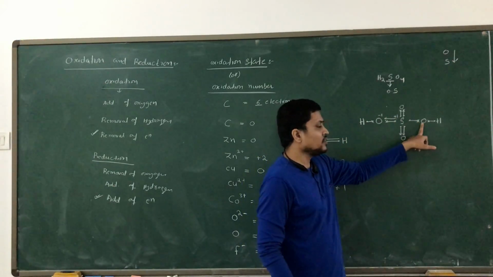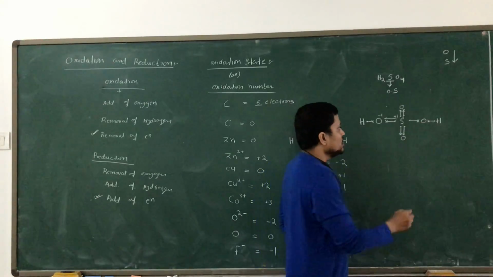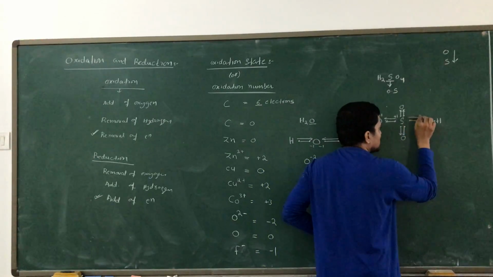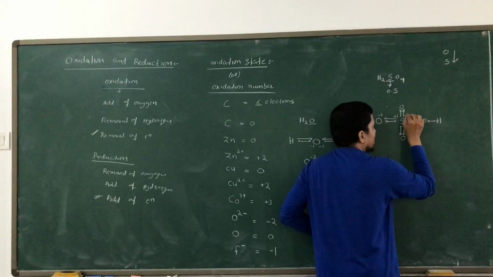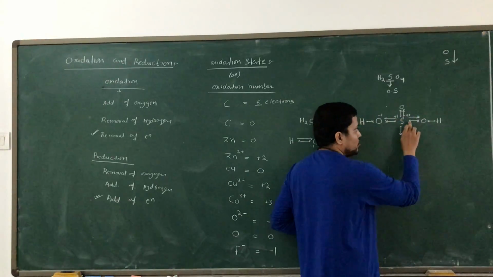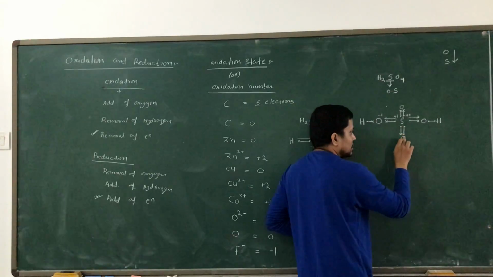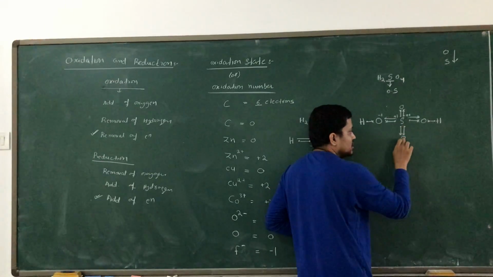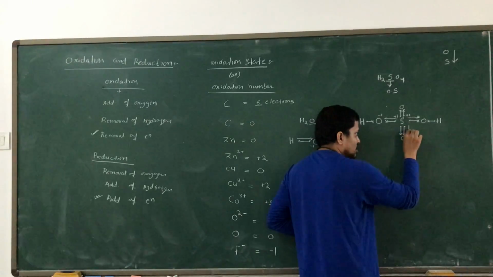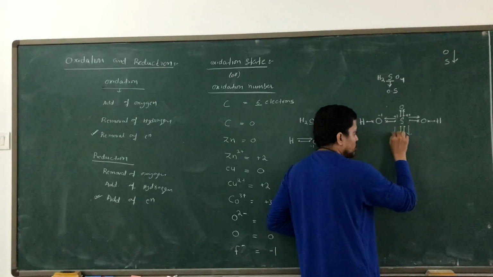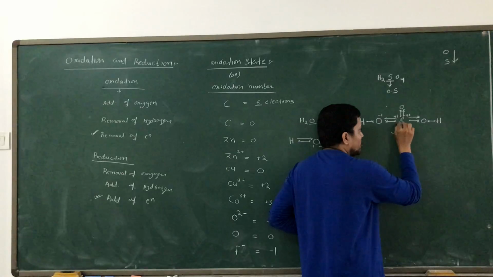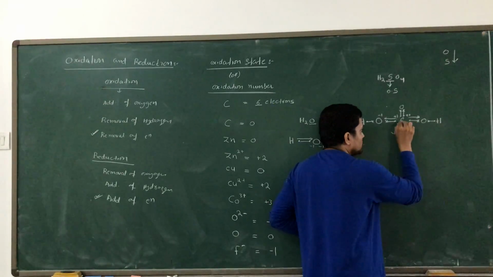Now with this other oxygen, sulfur loses the second electron, so again it gets 1 more plus 1. Now here sulfur is sharing 2 electrons with this oxygen. Where are these 2 electrons moving? Towards oxygen only. So again 1 more plus 1, 1 more plus 1.